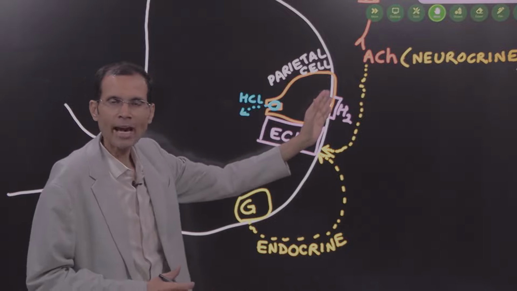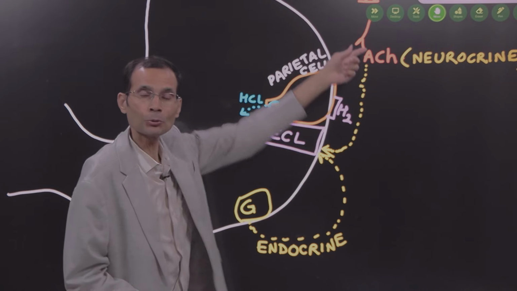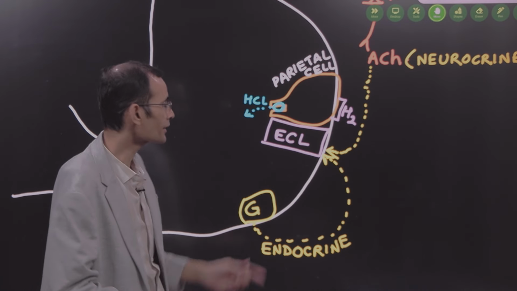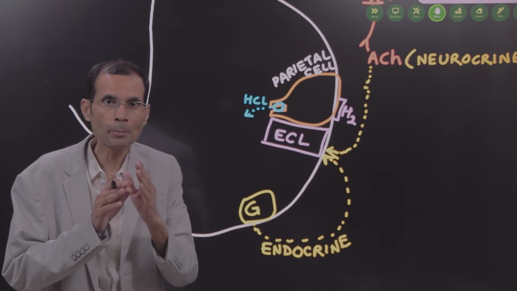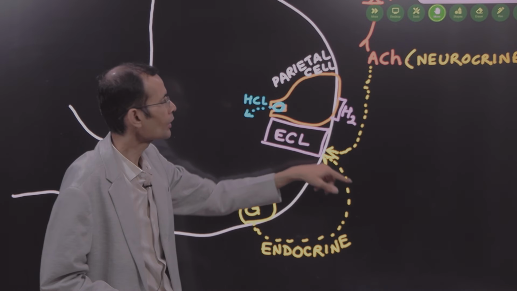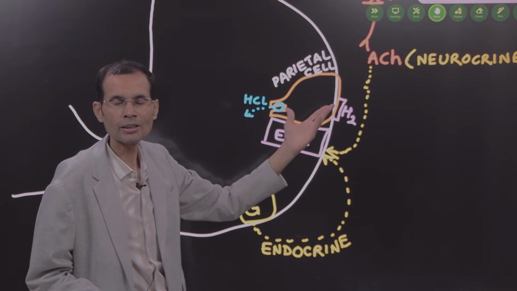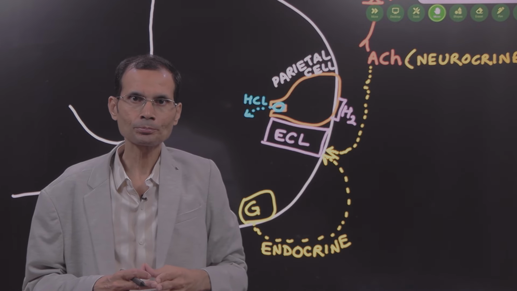Not only does histamine act directly via H2 receptors, but the other two stimuli are also acting via histamine. Their main action is via release of histamine from the ECL cell, which will act on the histamine H2 receptor to cause HCl secretion.